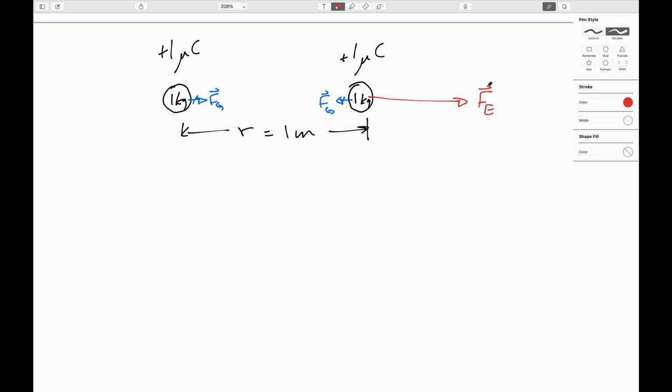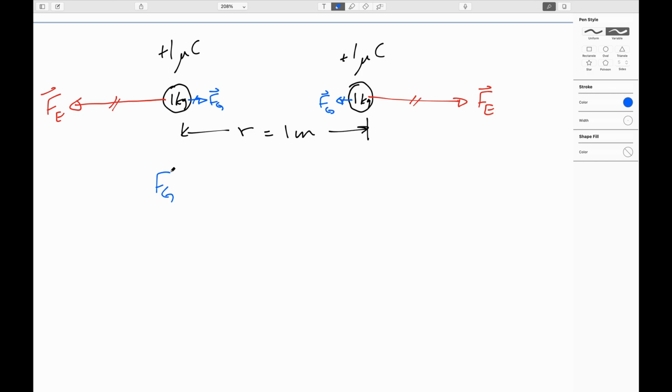If we have to clarify what kind of a force we're talking about, we usually write F sub E for electric. And again, that will be an action-reaction pair as well. So let's just go ahead and compute the values, see what we get.